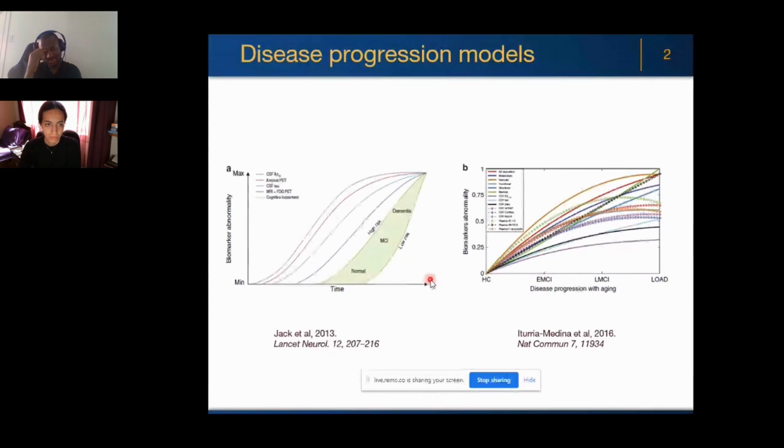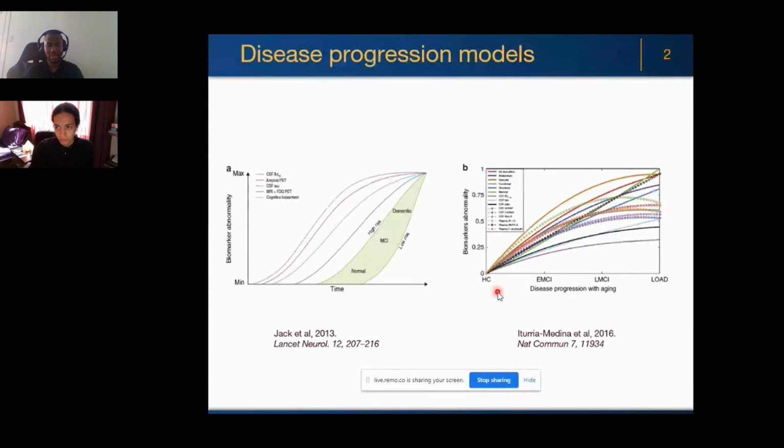However, these models didn't really look at the interactions between biological factors or processes, for example, abnormal beta amyloid deposition, tau deposition, or glucose hypometabolism.